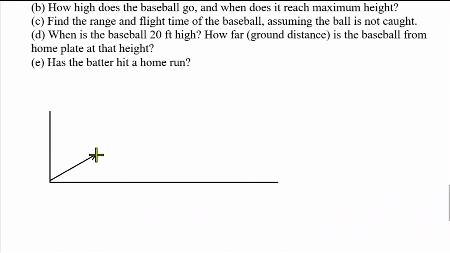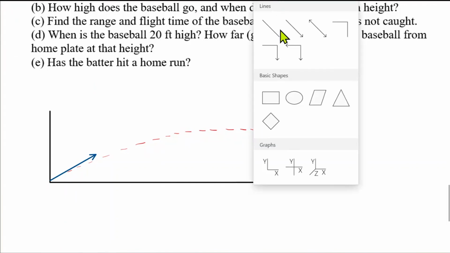It's an exaggerated picture, but let's say that's 23 degrees, okay? And then this ball is going to take a path and fly like that, right? And then we're trying to see whether this will clear the fence or not. So here's a fence.